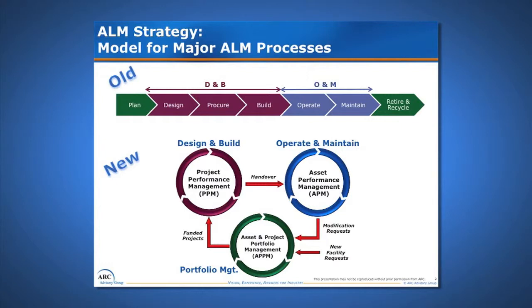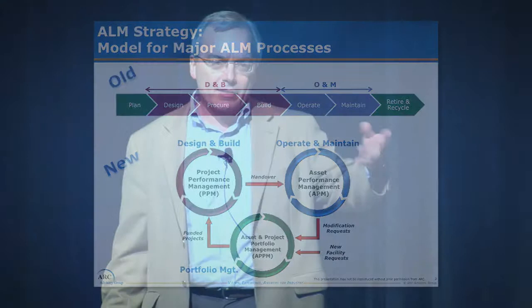Then it goes over to asset performance management, which we'll talk about in a little more detail, the operate and maintain side, and then a portfolio where you keep track of the projects that have been proposed. Some are above the line, they get done. The ones below the line stay in a list that you maintain, maybe for the next time.